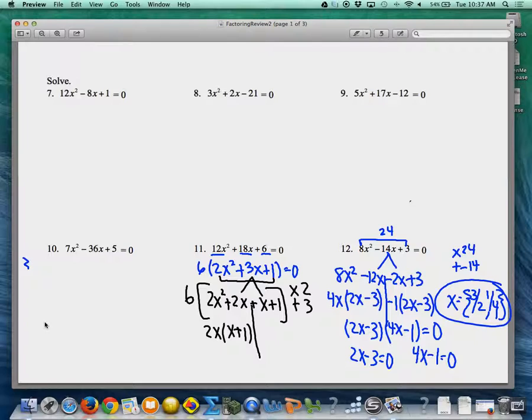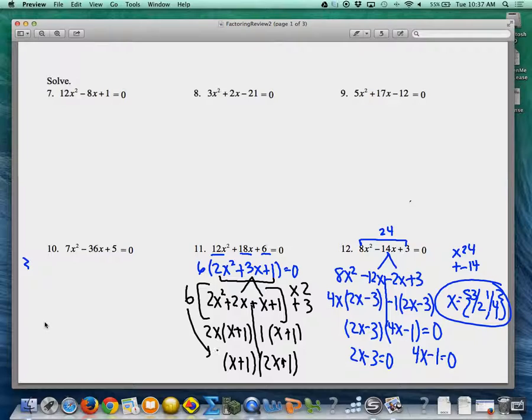What can I factor out? 1. There's no negatives at all. Just a 1. But write that 1 there. It's a placeholder. So that leaves us with x plus 1. Okay, so our first factor is x plus 1. It's the parentheses that are used twice. What's the second factor? 2x plus 1.